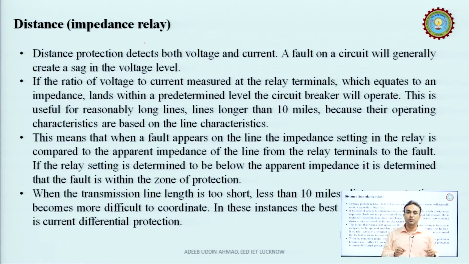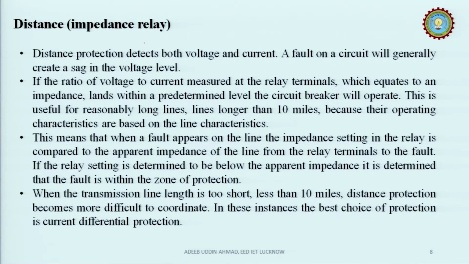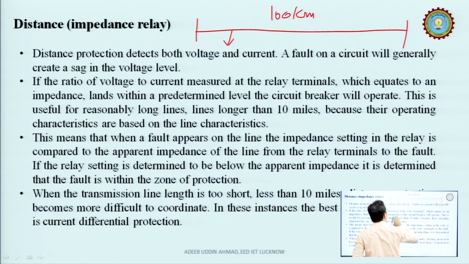Suppose there is a fault in the power system. How can we detect the fault at that location? Suppose we have a transmission line of 100 kilometers and a fault occurs at one point. How can we understand that the fault occurred at that point?